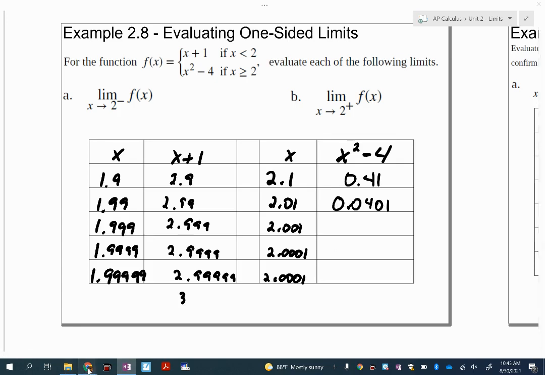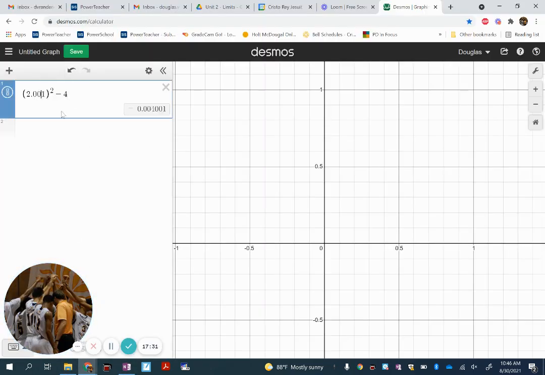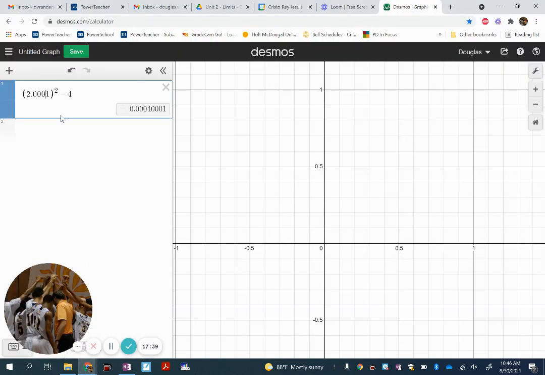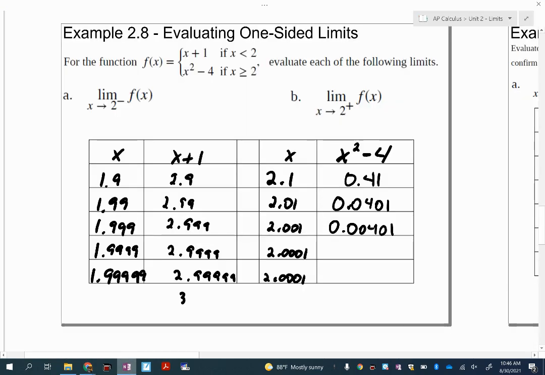Let's keep going. Add another 0 in there. I think you can see where we're going. 0.00401. It keeps adding zeros, 3 zeros, and then 4 zeros.